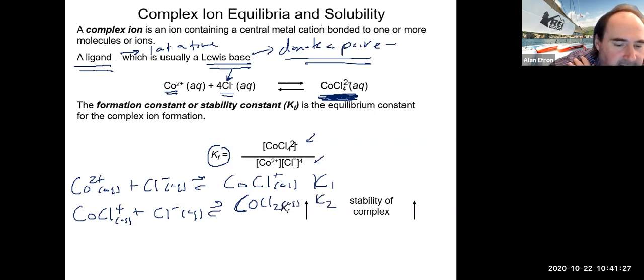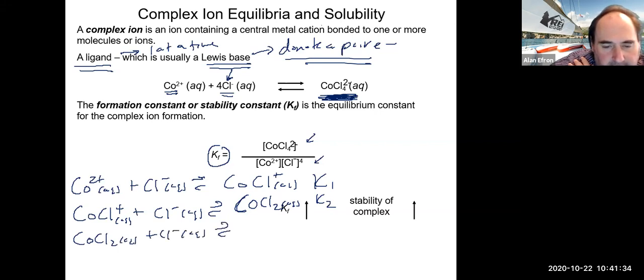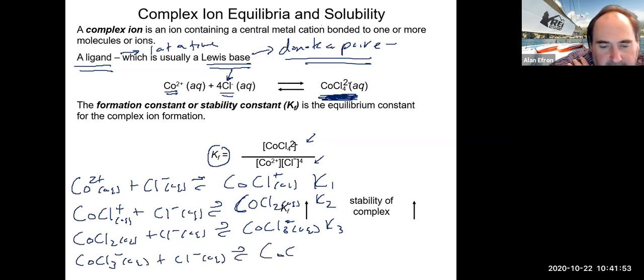Also have a K. Then our CoCl2 would pick up the third one and make this. Also could have an equilibrium. And lastly, our guy here will pick up our last ligand and make our CoCl4 2 minus. Also have a K value associated with it.